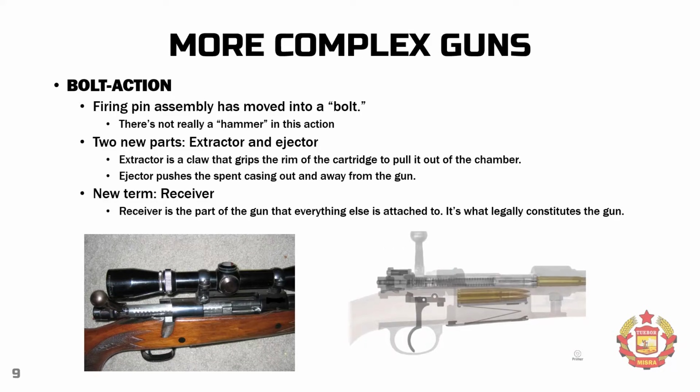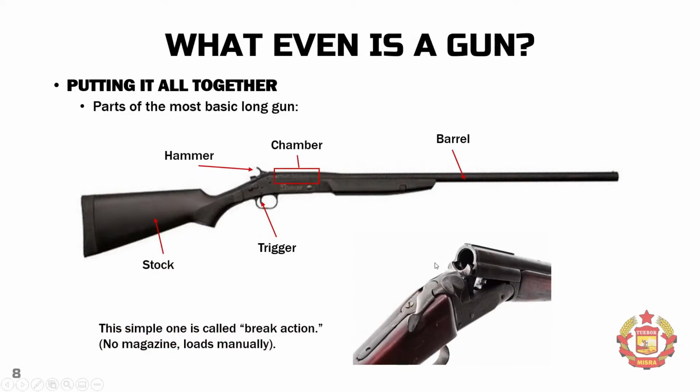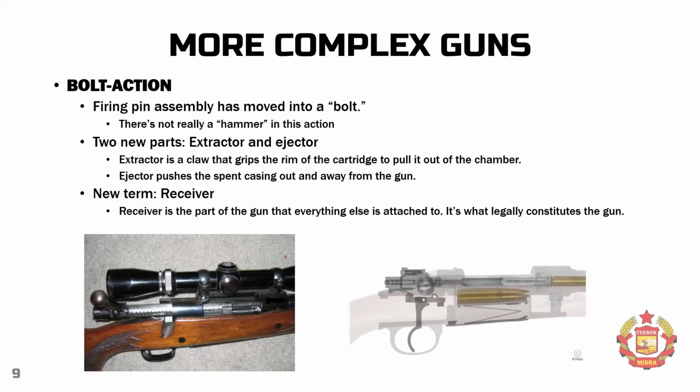We also have two new parts, the extractor and the ejector. The extractor is a claw that grips the rim of the cartridge and pulls it out of the chamber. And if we go back, actually, this break action does have an extractor at the base of the chamber. That's essentially when you open the action, whether it's pulling the bolt back or breaking the long gun, what the extractor is going to do is it's a claw, and it grips the cartridge under the rim, and it pulls it out.